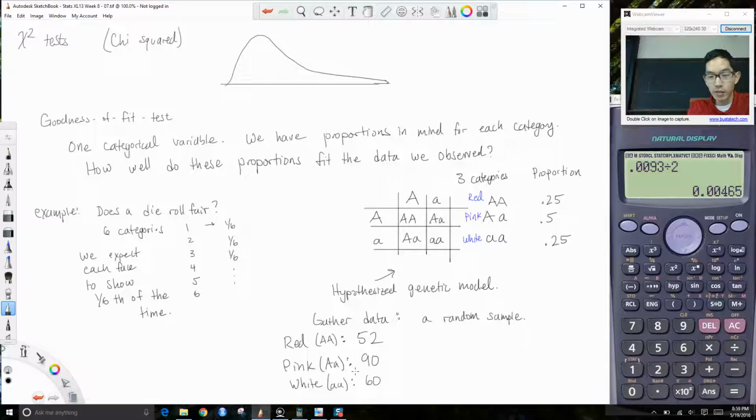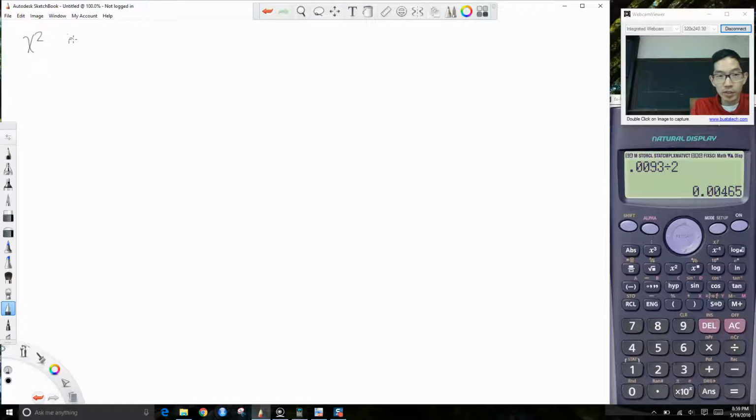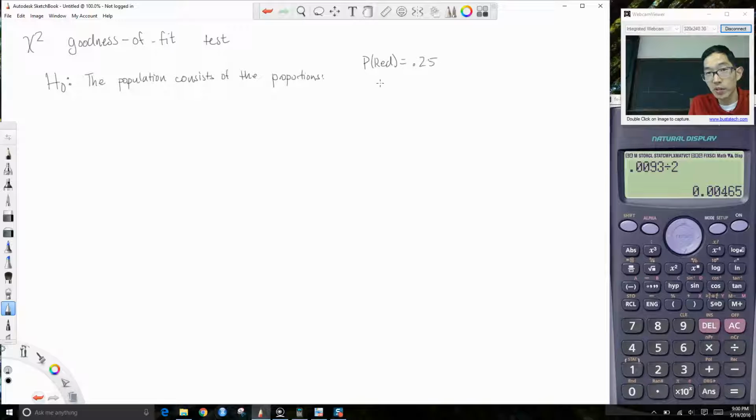So we'll stick with this example here. For the chi-squared goodness of fit test, our null hypothesis is that the population consists of the following proportions: probability of red equals 0.25, probability of pink is 0.5, and probability of white is equal to 0.25.